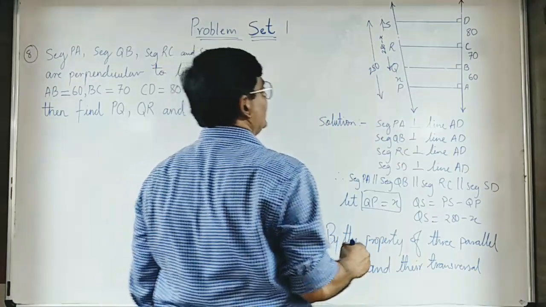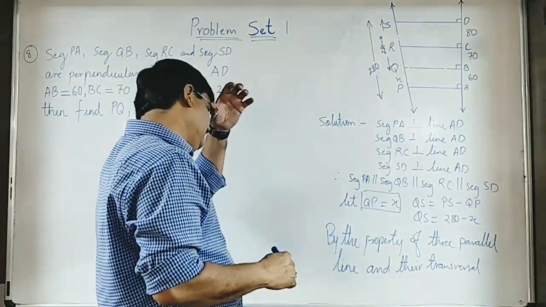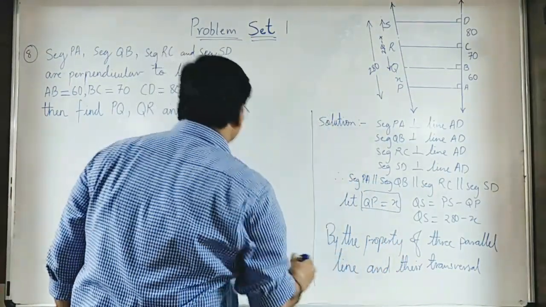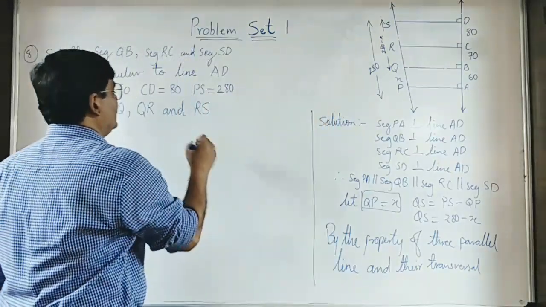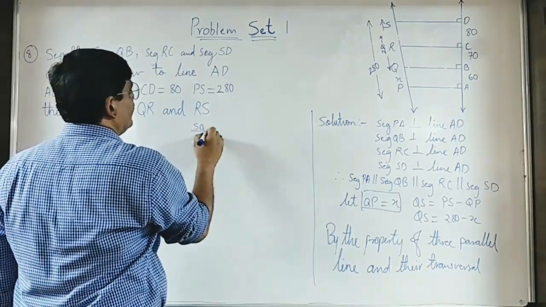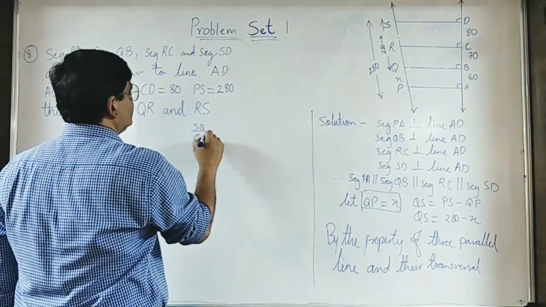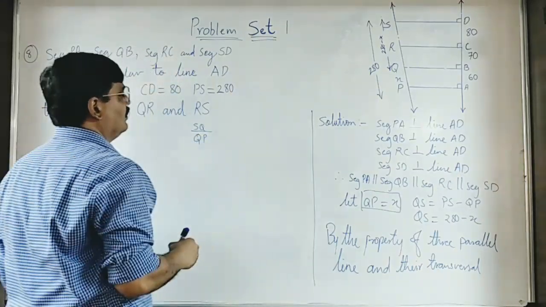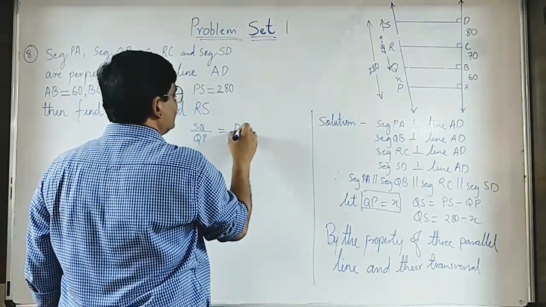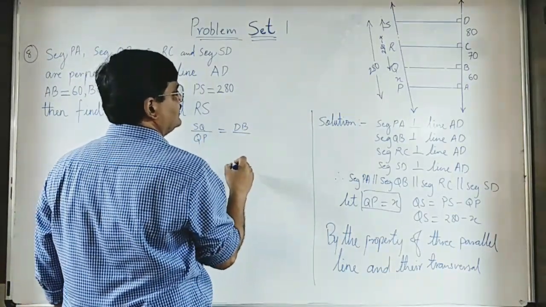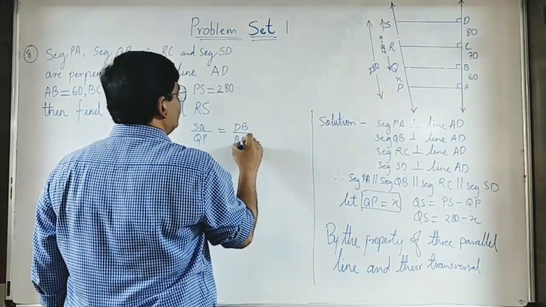Now here, let's go for that. If you check, which ratio will we have here? Can I have SQ upon QP? In this case SQ upon QP is equal to DB upon BA.